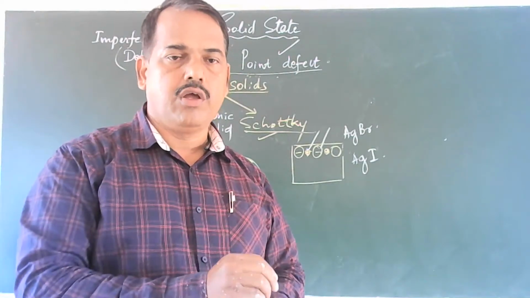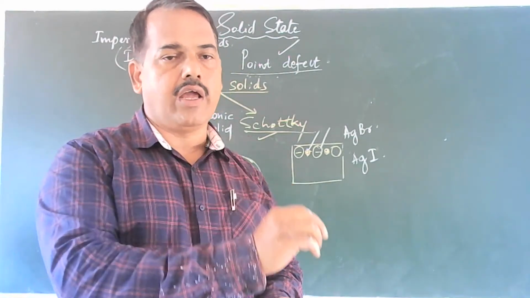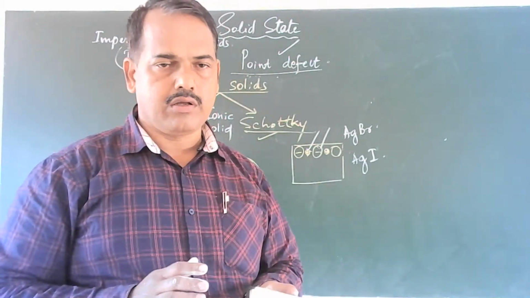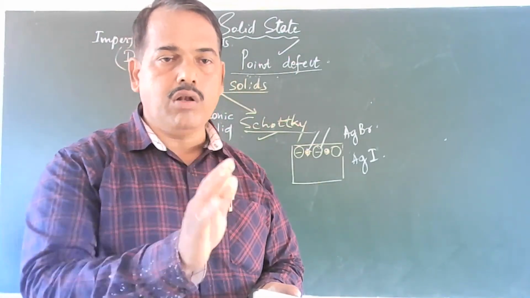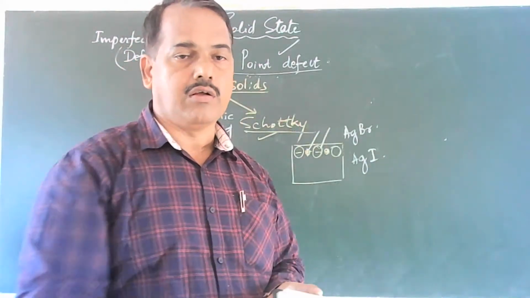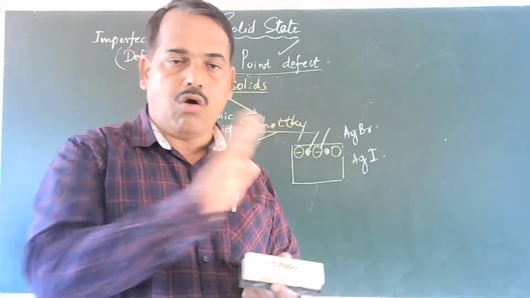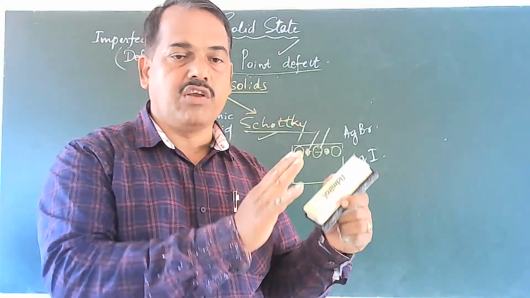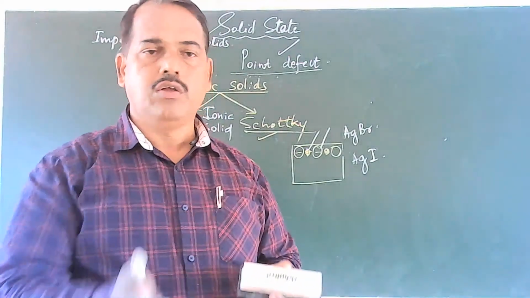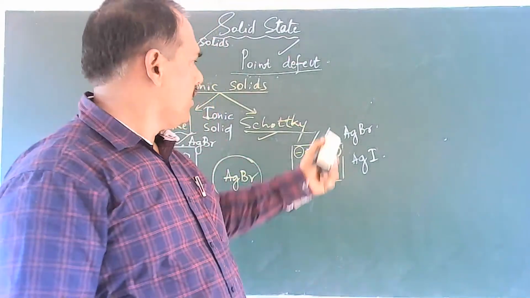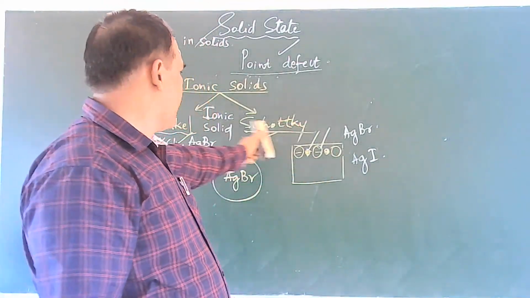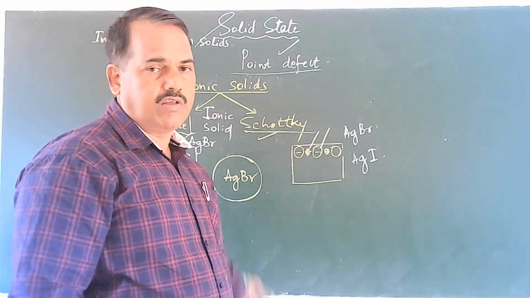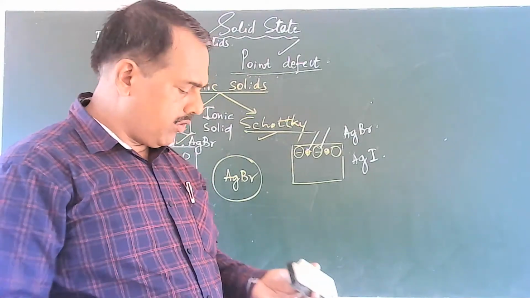It arises in ionic solids when there is a difference in cation and anion size. In Schottky defect, equal numbers of cations and anions are missing. They are not in the lattice, so the density decreases. You can give examples: silver iodide, silver bromide, and in Frenkel defect, NaCl, KCl, AgBr, ZnS. These are the different types of examples.